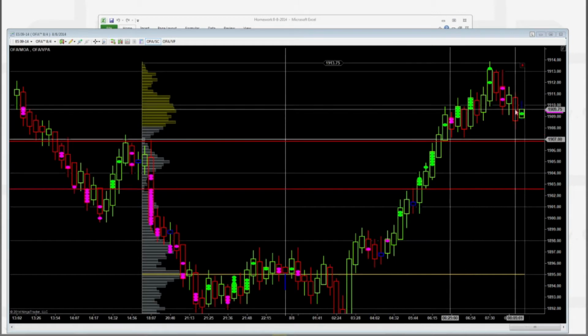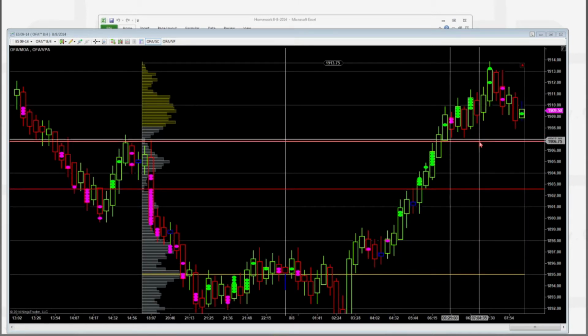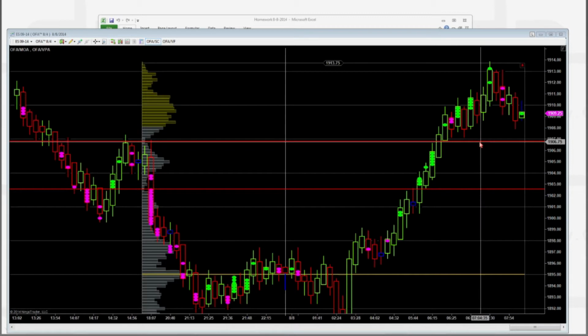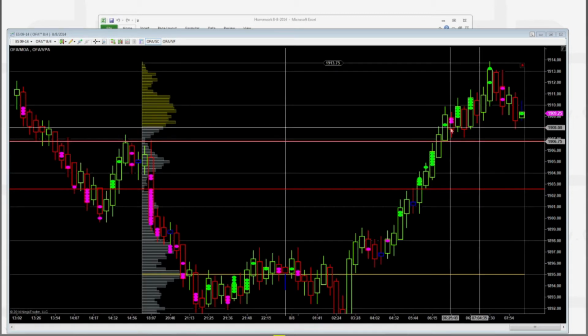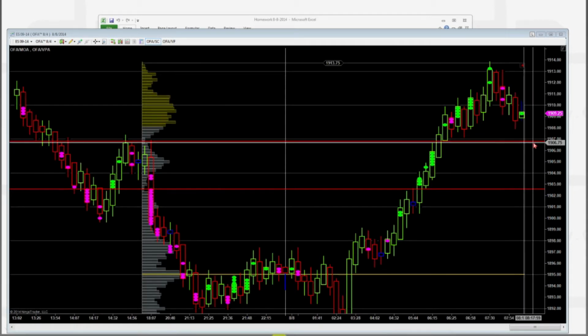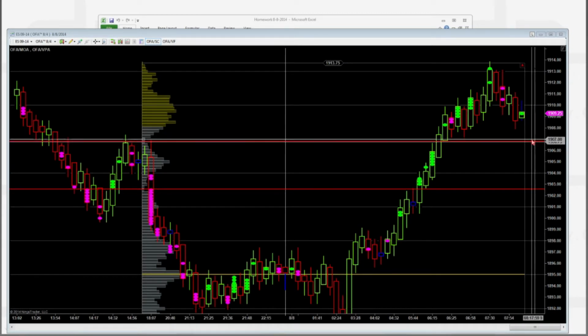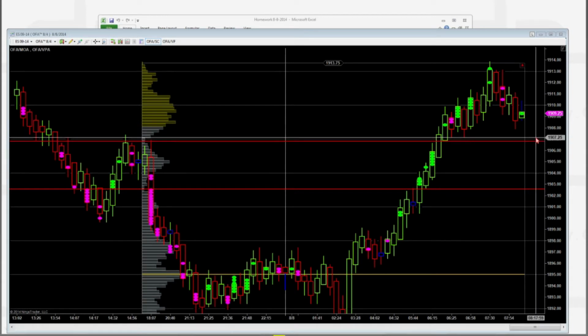So what that means is, since we're above this right now, I am considering this to be an unfair low, especially given what price has done so far. So this morning I will look for a trade in this area between 1906.75 and 1907.25.